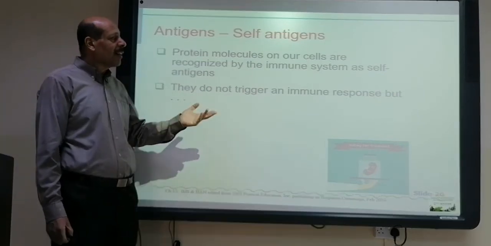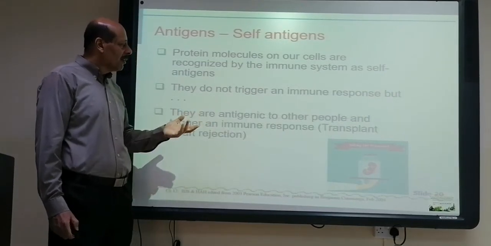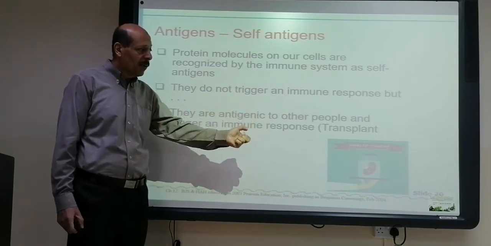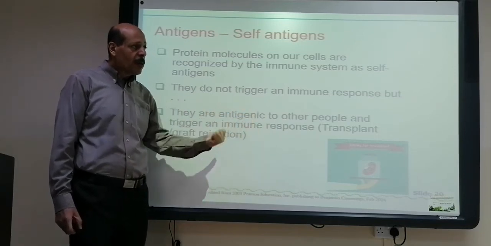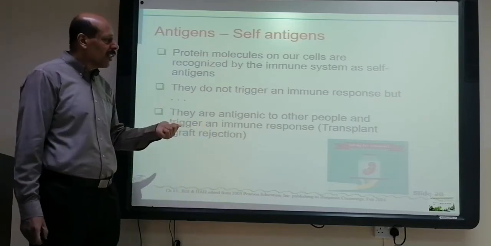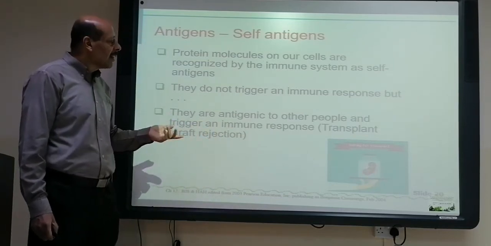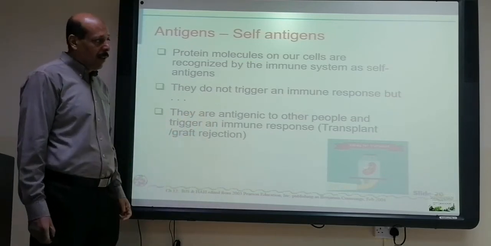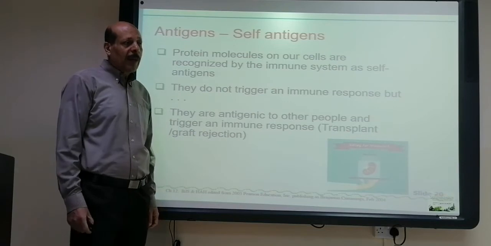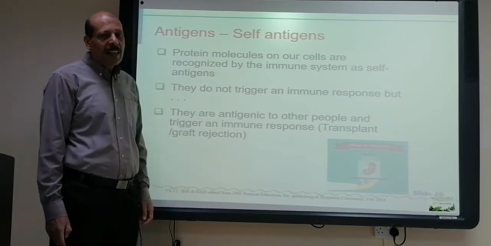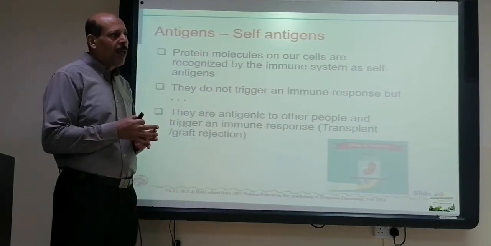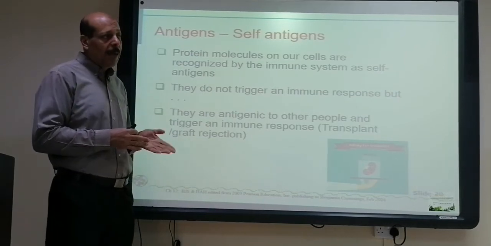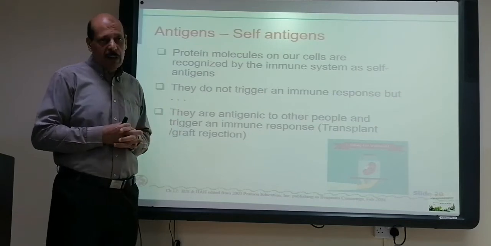They do not trigger the immune response, but they are antigenic to other people. So those proteins are antigenic to other people and trigger immune responses in case of transplant. Because of that, when they want to do an organ transplant, the first thing they have to do is tissue typing to see the compatibility of the tissues first.